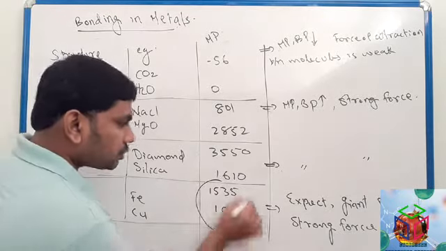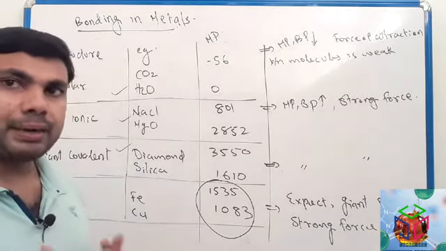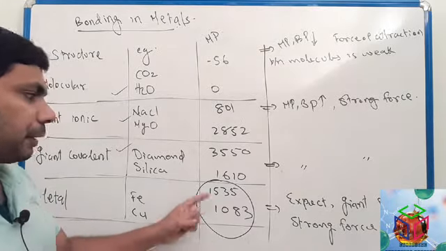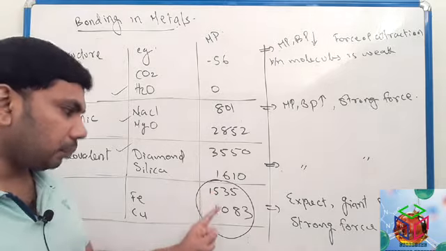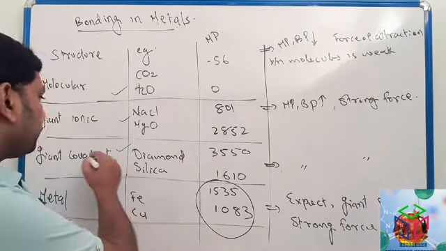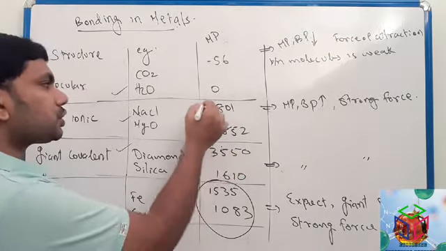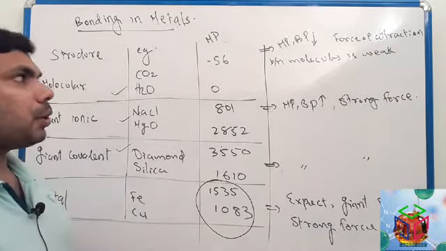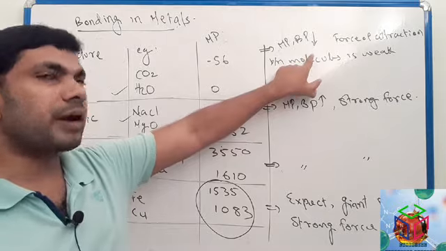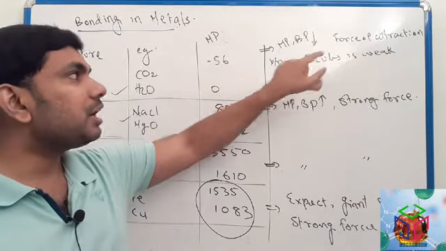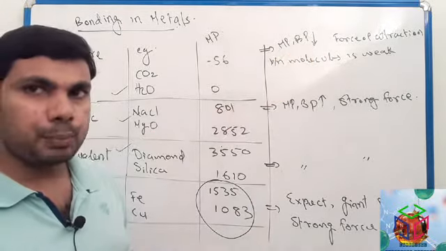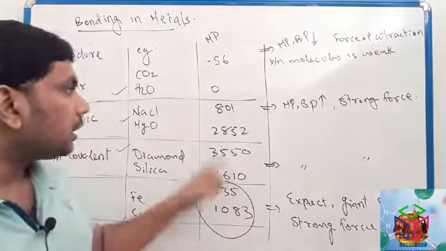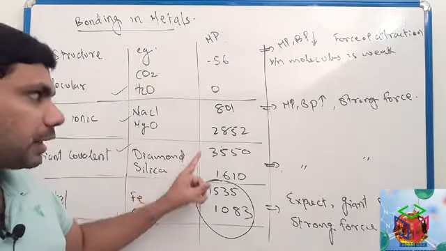Now we have to study bonding in metals. Here we will consider metals. Metals have high melting and boiling points just like macromolecules and ionic compounds, not like simple molecules. Simple molecules have weak forces of attraction, that's why they have lower melting and boiling points. Metals show very high melting and boiling points like ionic compounds and macromolecules.